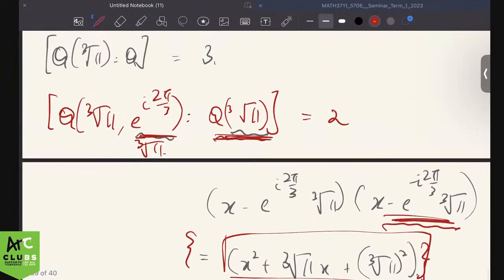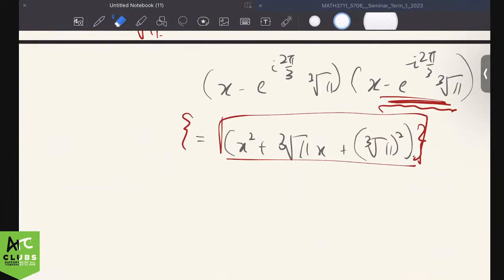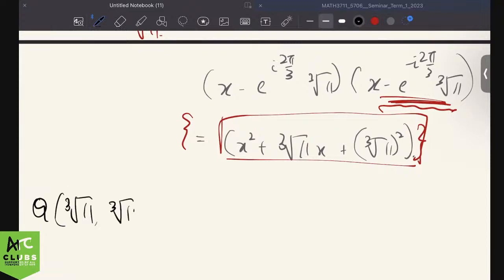So if you write this entire thing out, you've got Q, cube root of 11, e to the minus i 2 pi on 3.